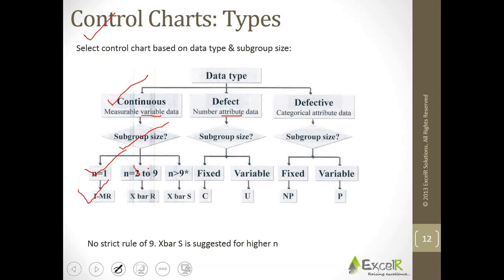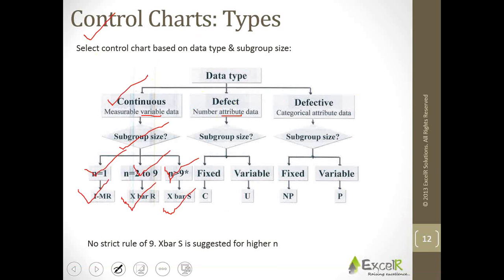If there are 2 to 9 different machines manufacturing the Coke bottles, then you use X bar R. If there are more than 9 machines, then you use the X bar S chart.